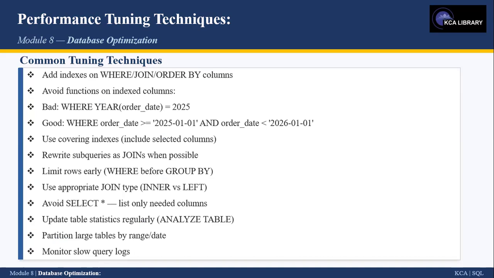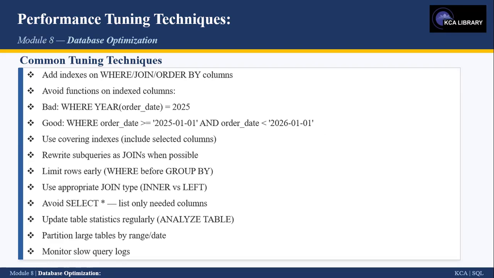It is bad to use WHERE YEAR(order_date) = 2025, while it is good to use WHERE order_date >= '2025-01-01' AND order_date < '2026-01-01'. Use covering indexes.